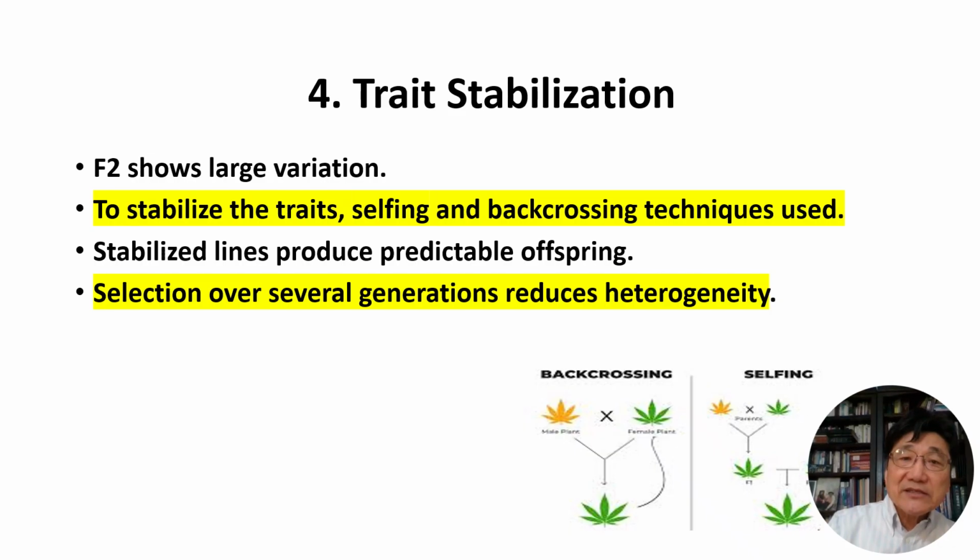Backcrossing and selfing are plant and animal breeding techniques to transfer desirable traits and increase genetic uniformity, respectively. Often used together, backcrossing repeatedly crosses a hybrid with one parent to add a new trait, while keeping a good background.